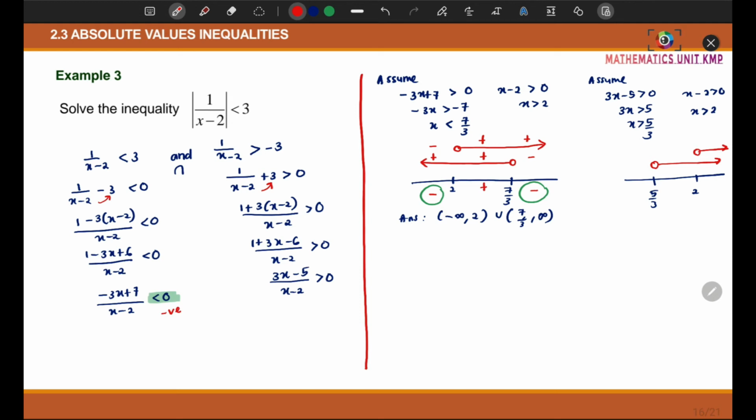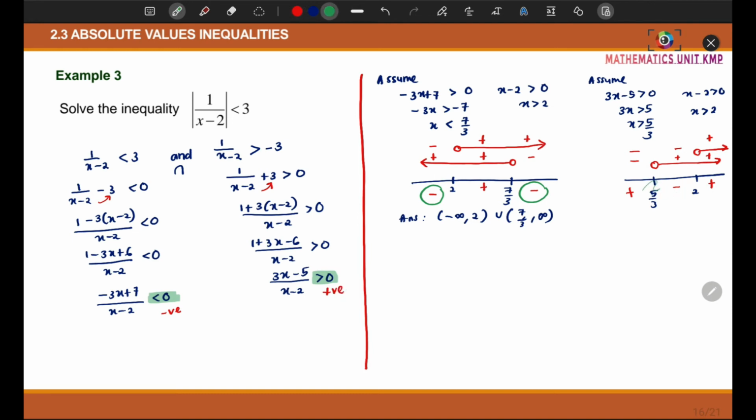When there is a line, there is positive. Positive times positive, positive. Negative times positive, negative. Negative times negative, positive. Look at the inequality: we want it to be greater than 0, so choose the positive sign.